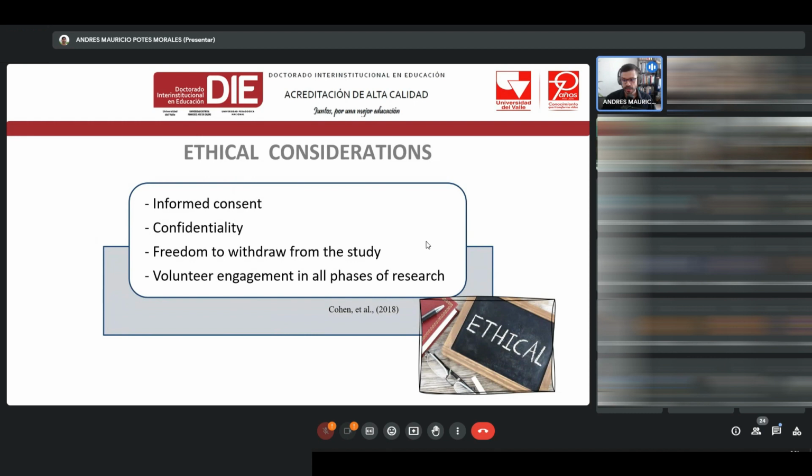Okay, so the ethical considerations will entail an informed consent. In this informed consent, teacher participants will be informed about all the steps and the objectives of the research, the goals to achieve, and also their role in their participation, because they will work along the researcher.